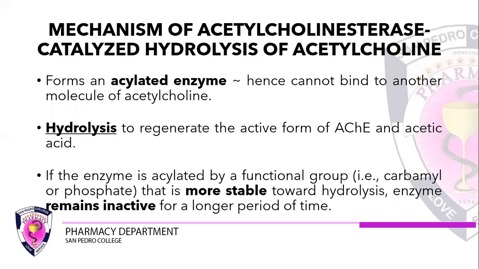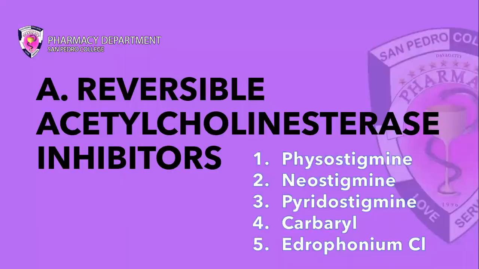All right, so this time, let's proceed to the first type or first division among your acetylcholinesterase inhibitors. We have the reversible acetylcholinesterase inhibitors. Now, you may wonder why they are referred to as reversible and irreversible.